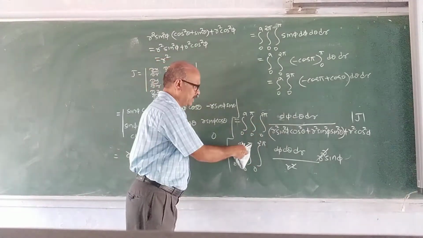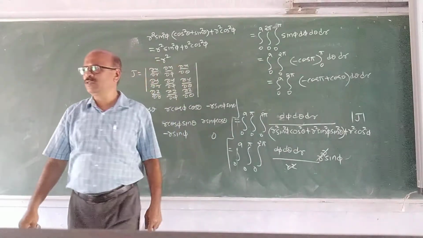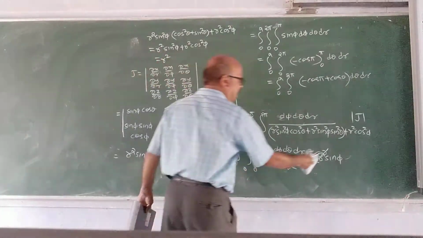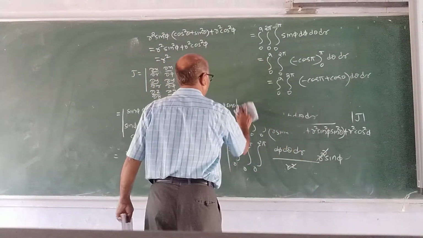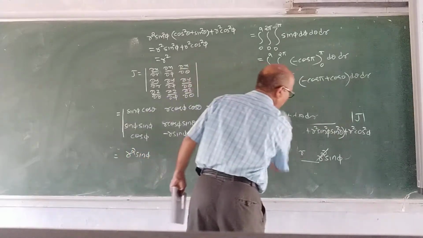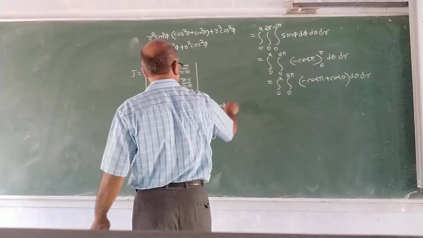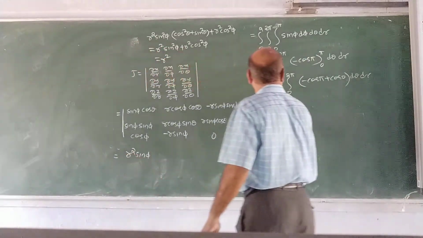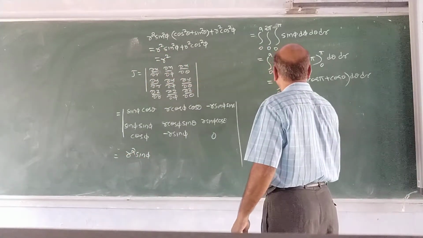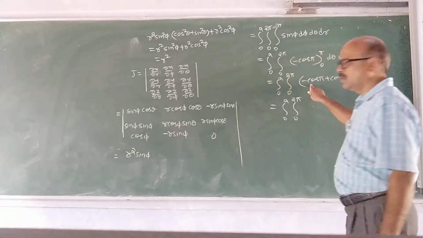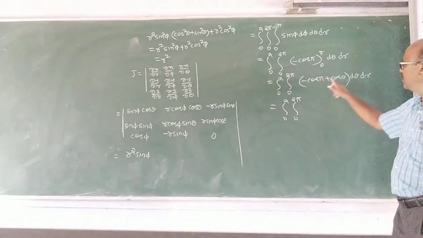How have you taken this one? We have substituted here the Jacobian r square sin phi. So 0 to a, 0 to 2 pi. What is the value of cos pi? Minus 1.